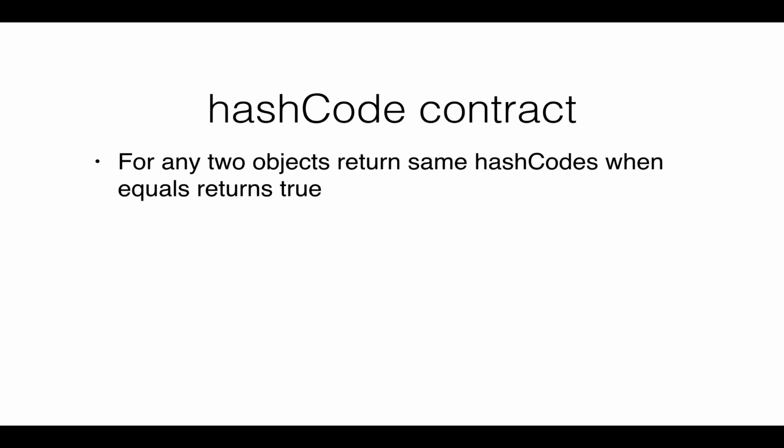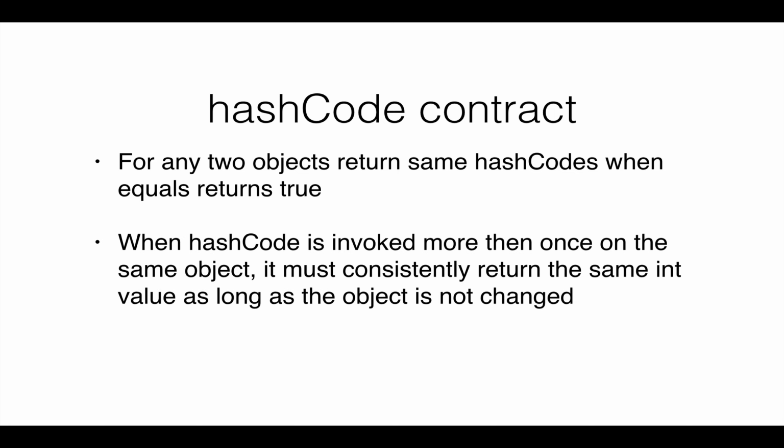To achieve this, use the same identifying attributes for both methods in the same order. Don't worry too much now if you don't fully understand what I mean. As soon as I'm finished introducing you to the hashcode contract, I will jump back in my IDE and show you a practical example.